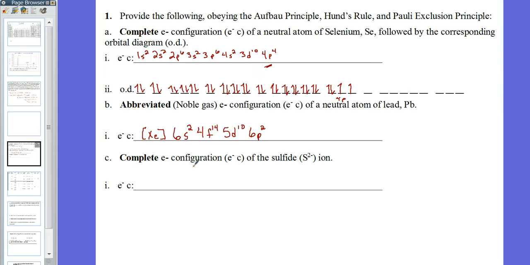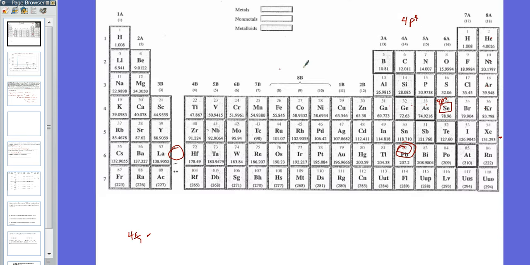Next you have a sulfide ion. Now this is not the sulfur atom, this is the sulfide ion. The sulfide ion comes when sulfur gains 2 electrons to look like a noble gas configuration. So you're going to really draw the electron configuration for argon, right? Because that's what it's going to appear like once it becomes a sulfide.